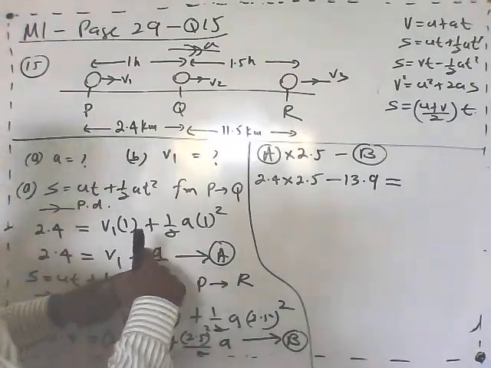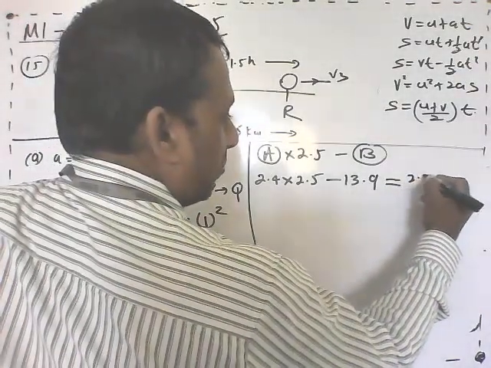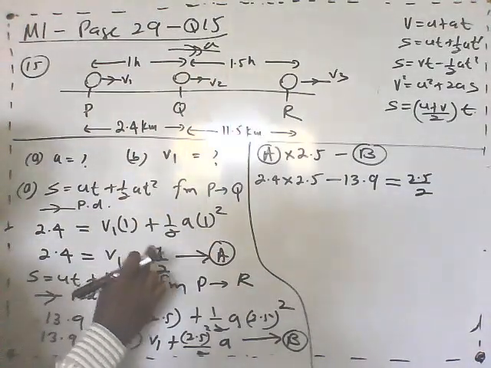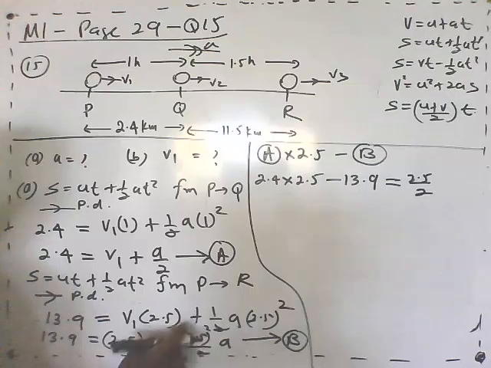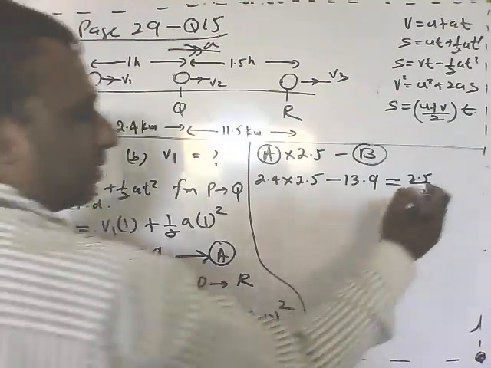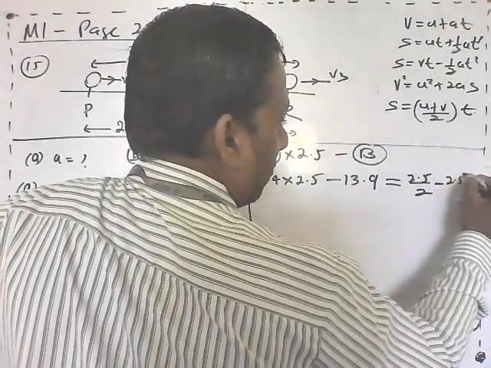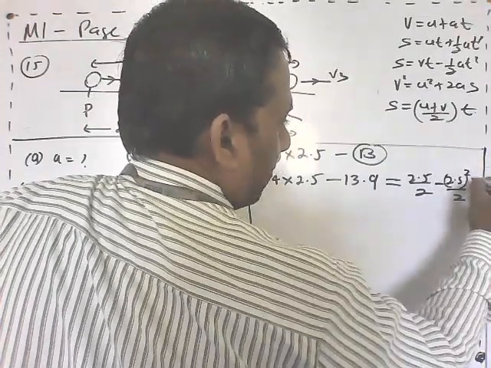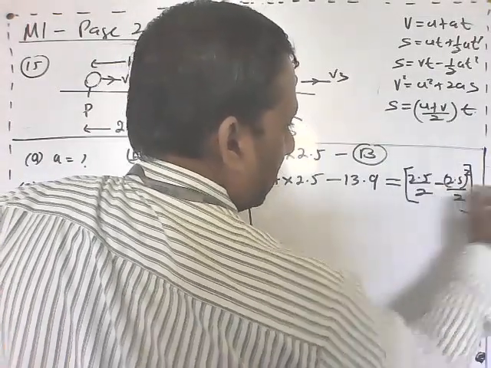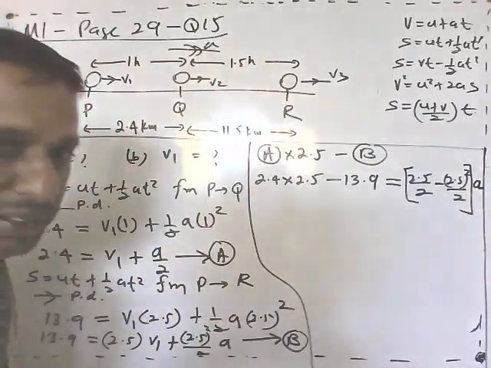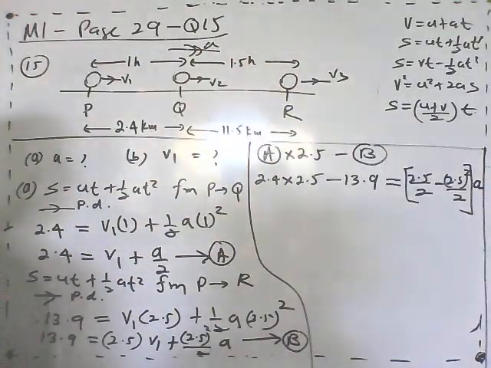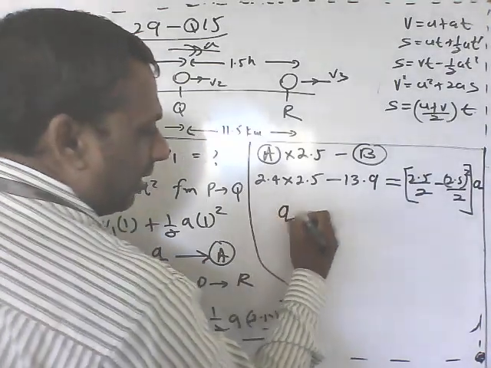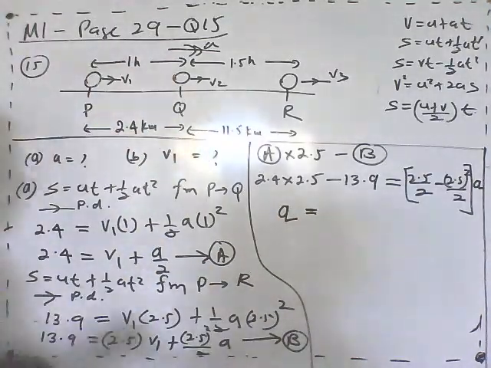Here we get 2.5 over 2, that is the coefficient of A, minus 2.5 over 2 minus 2.5 over 2 whole square over 2, and this is the coefficient of A. Okay. Now I will put these values into the calculator and then put an answer here. I will pause the video and do that.